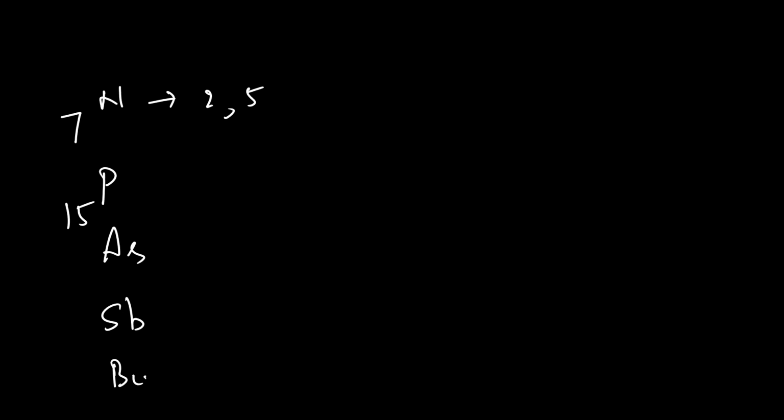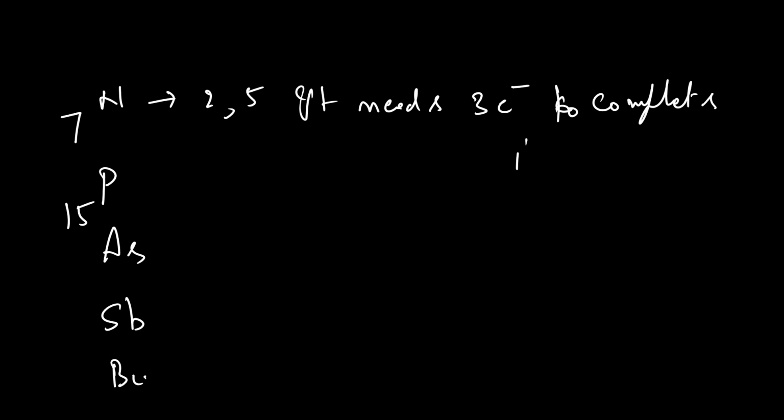So in the previous table we have seen nitrogen, phosphorus, arsenic, antimony, bismuth. Nitrogen atomic number 7, phosphorus 15. So here the configuration is 2, 5. So it needs 3 electrons to complete its octet.